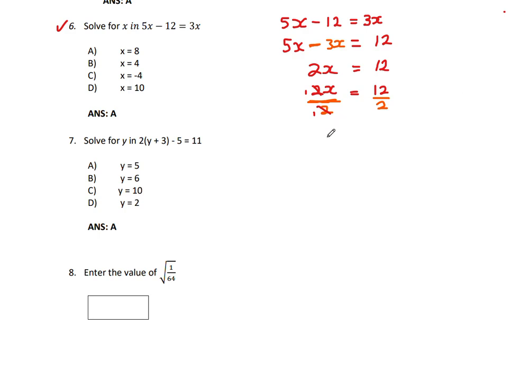So we end up with x alone on the left side of the equation. And on the right side of the equal sign, I have 12 divided by 2, which is 6. So the answer is 6.